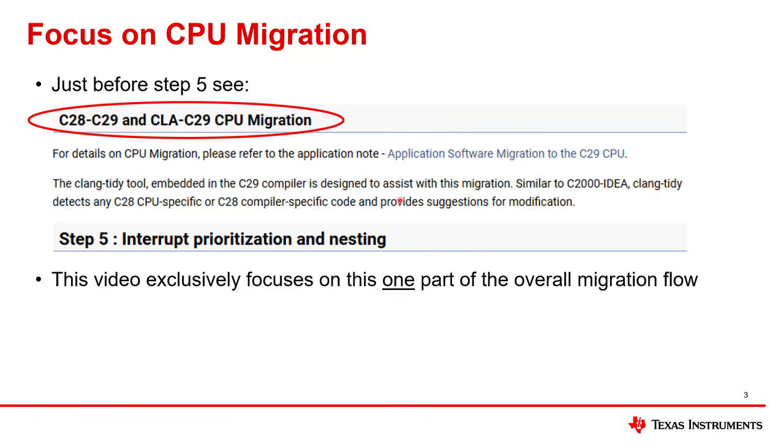The point I want to make here is this video exclusively focuses on this one part of the overall migration flow. So this is like one part of step 4 is what this video is about. That means there's 4.5 other steps of very important stuff that are involved in migrating from C28 to C29.